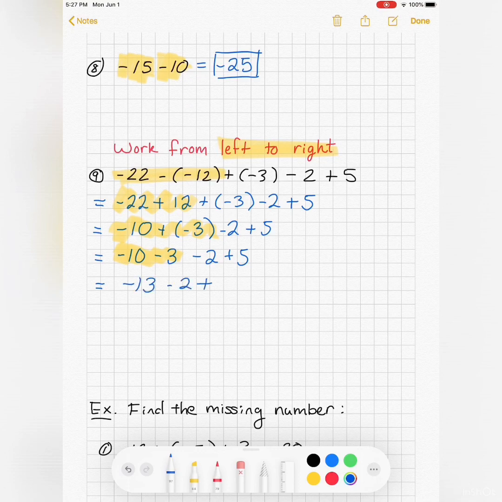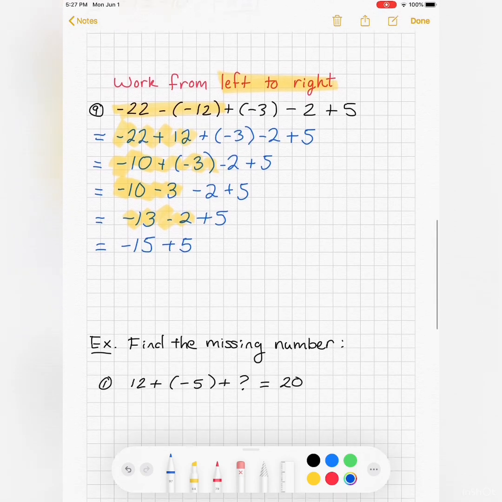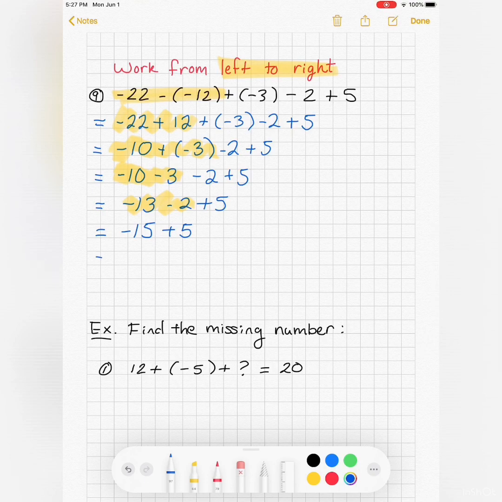I'm $13 in debt. $13 in debt, spend another 2. I'm $15 in debt. Okay, $15 in debt, pay back 5. Now I'm only $10 in debt. I'm going to make sure to box my final answer.